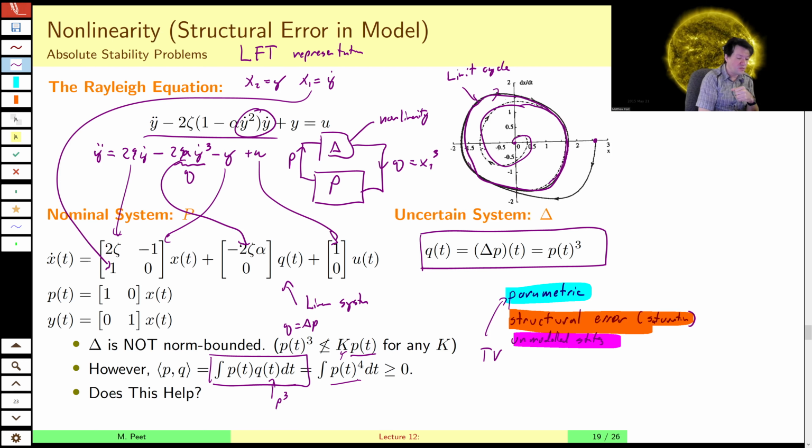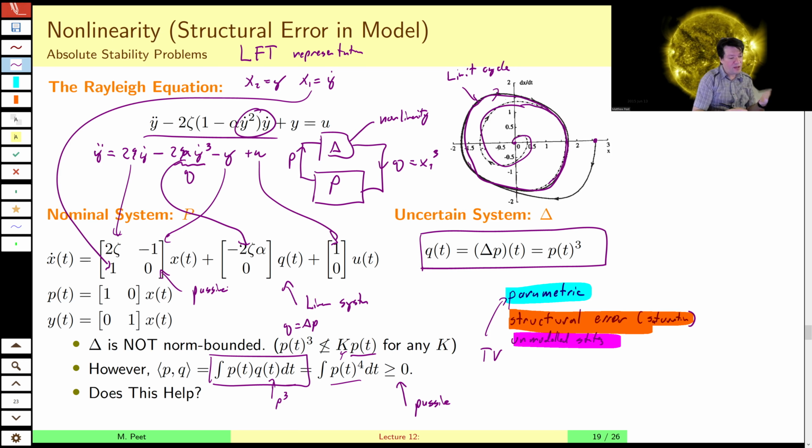And so the integral of the input and the output is positive, so passive, right? So is that going to help us? Well, maybe. Remember, we had the passivity theorem, so if we could make this thing passive, then maybe we could get something about the stability of the closed loop interconnection.